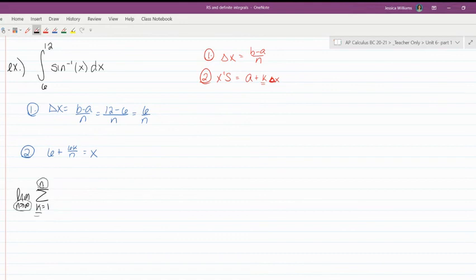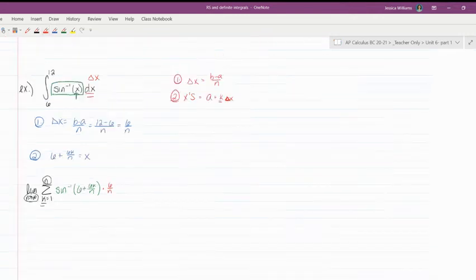So the part you have to write is this function, evaluated at your x's. For us, it's inverse sine of 6 plus 6k over n, and I have to type that in. Then you type your dx, remembering that it's just delta x, and delta x is b minus a over n, which is 6 over n. You'll press submit, and it'll give you the green check mark, and then you'll go do more.